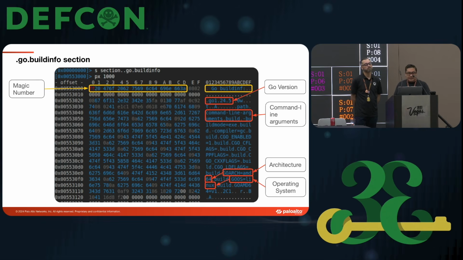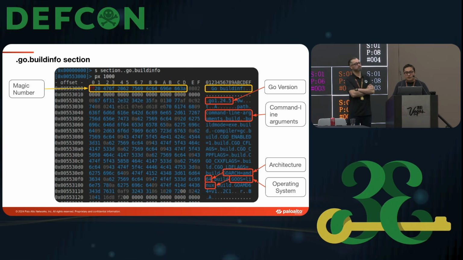And then we can see in the next slide the magic number of the section, and you can find a lot of interesting things that, as a reverser, are going to be very useful, like the Go version. The Go version is very important because depending on the Go version, the magic numbers are going to be different. You can see the Go build info. So there are many things that are going to stand out, and you can quickly identify if this is a Go binary or not.